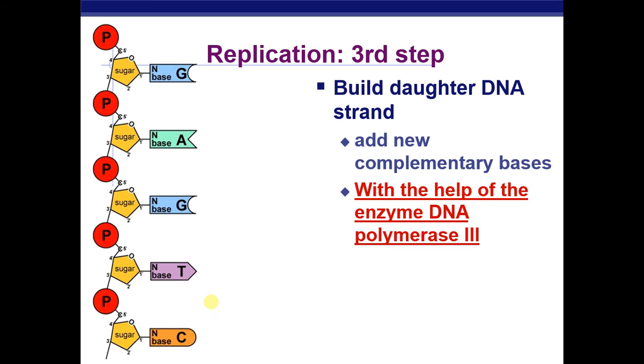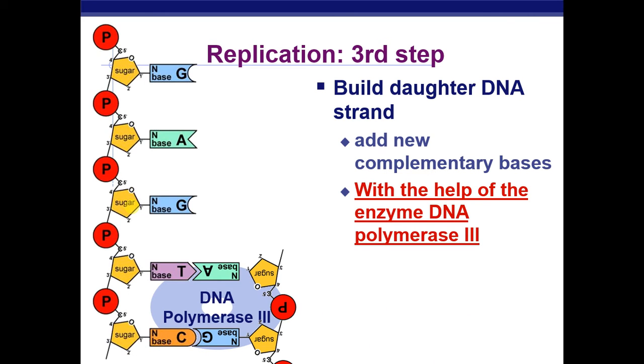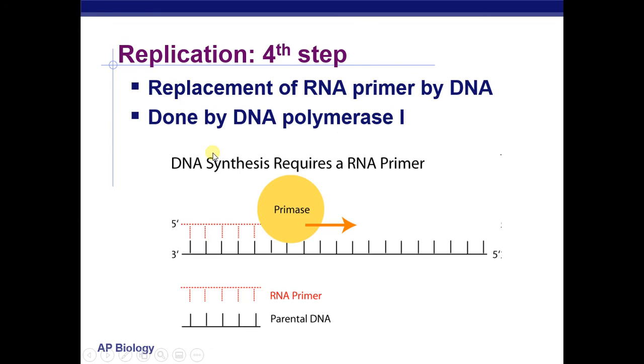So DNA polymerase is the enzyme of the day here, and its job is to move along the strand from the RNA primer going the opposite way, adding complementary DNA bases. So here it goes. This is our DNA polymerase doing its job. I note I didn't put the RNA primer in here. You can think of it as down beyond the bottom of your screen just to save some room.